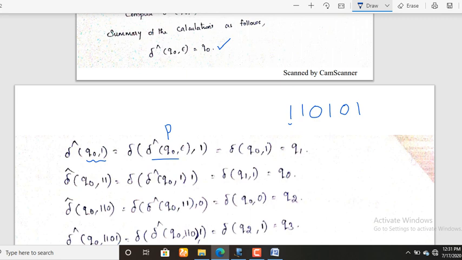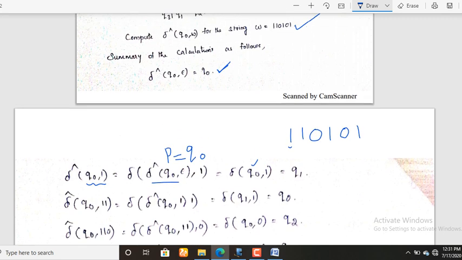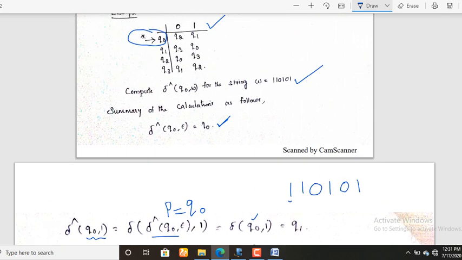We have already solved this in the previous step: delta cap of q naught comma epsilon means q naught. So delta of q naught comma 1, which means on receiving input 1, q naught goes to q1. So this part is over.